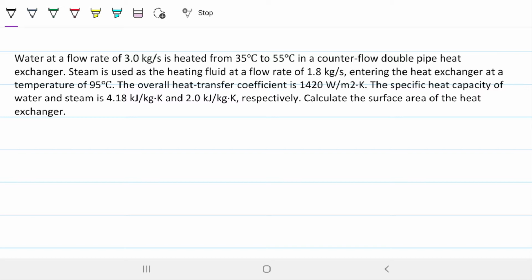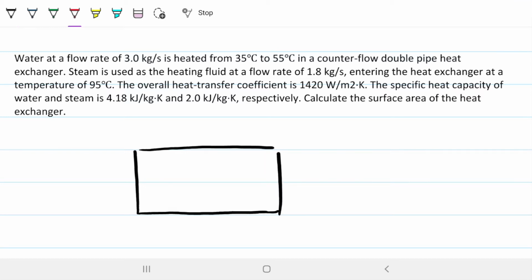So this is a classic delta T log mean problem, right? We have a double pipe heat exchanger. We're going to draw it as simple as we can, just as a simple box. And inside this box, I'm going to put steam going to one side and liquid water going to the other. Reason being, it is clearly said this is a counterflow heat exchanger, right?